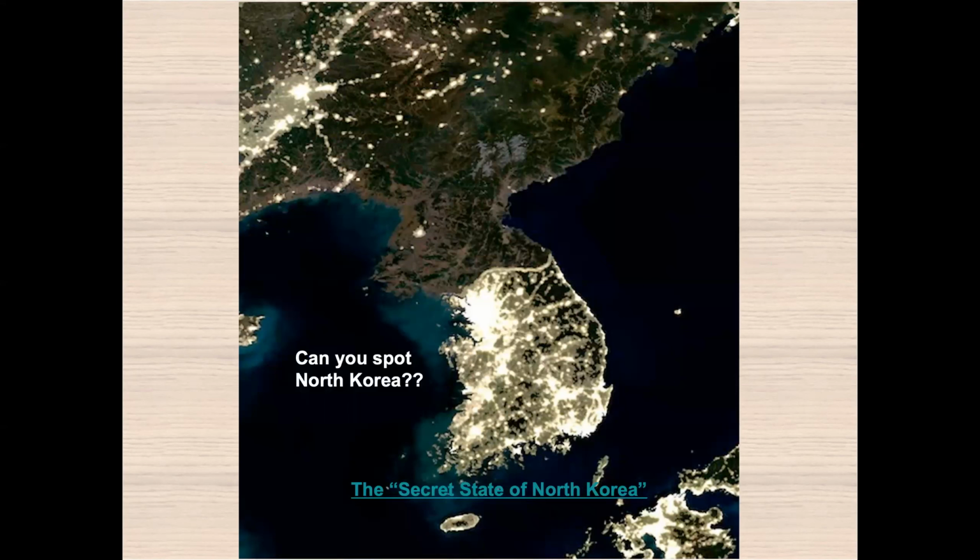And here's an example. This is the Korean Peninsula from space. These are the lights you see. If you were there at night, you could see all the highways and the cities. Notice the difference between South Korea and North Korea, and then China. North Korea is basically dark at night.